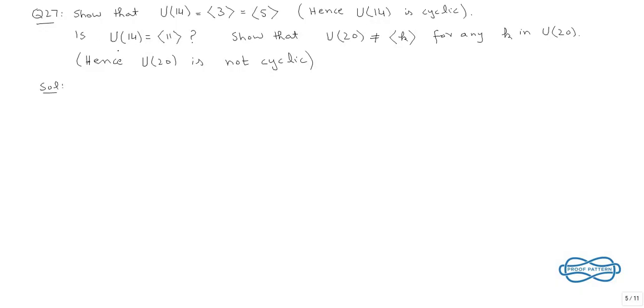Is the unitary group U14 generated by the element 11? The second part is to show that the unitary group under multiplication modulo 20 cannot be generated by any k in that group, and that means the unitary group under multiplication modulo 20 is not cyclic.